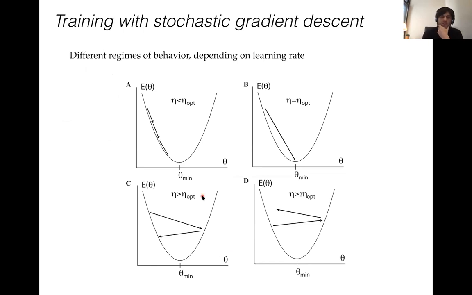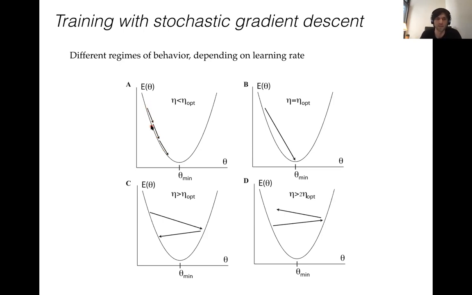So I also wanted to give you a little bit of intuition for how gradient descent behaves as you change the step size. There are 4 different regimes that you could imagine being in. One, you have a very small step size, so you get an estimate of the gradient, you take a step, you don't move very far, you take the gradient, you take a small step, and so on.